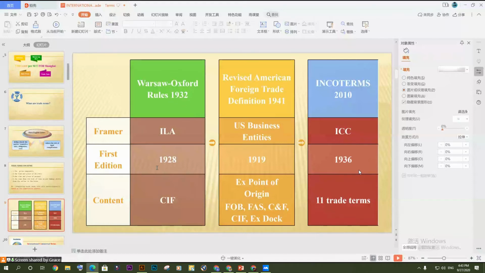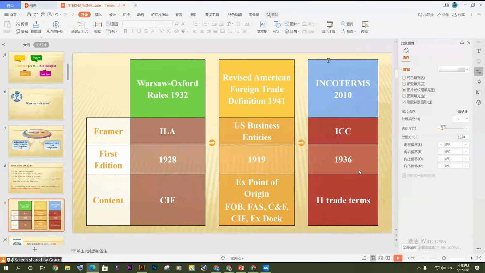The first edition of this is 1928. The framer is the ILA, an international organization for international business. They define some international trade terms, but in this rule there is only one trade term, that is CIF.